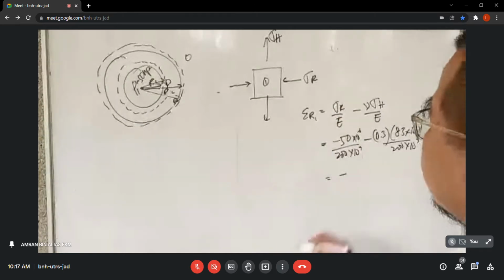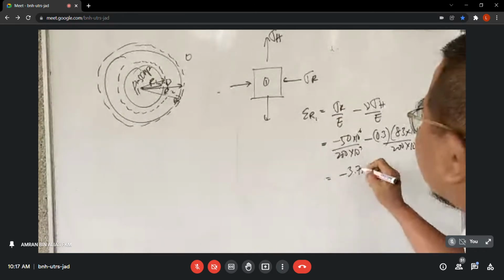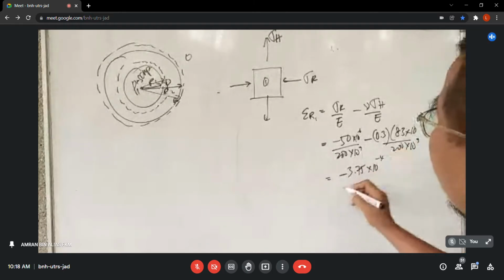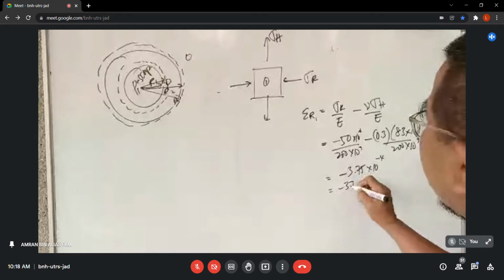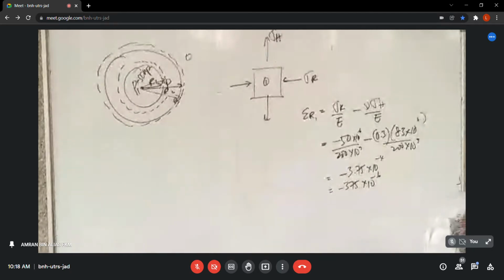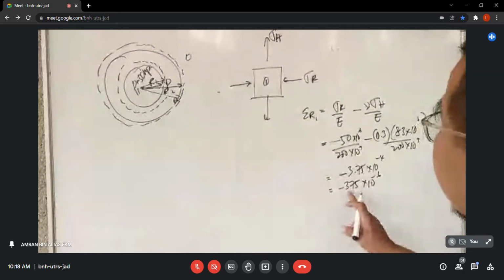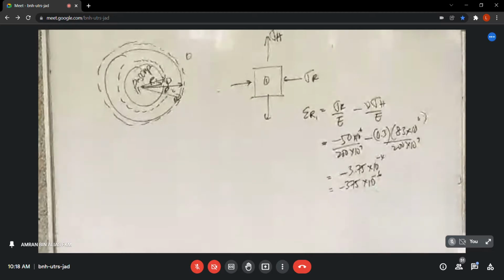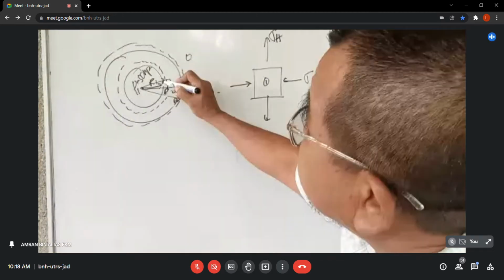Negative 3.75 to the power of negative 4. So this is negative 375 times 10 to the power minus 6, right? Yes. 375 negative micro. So that is the strain there.